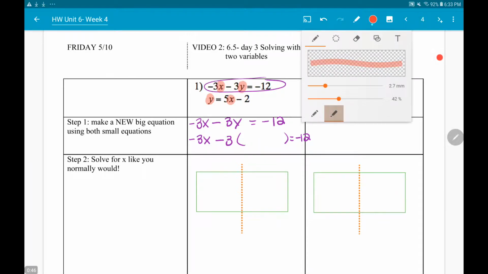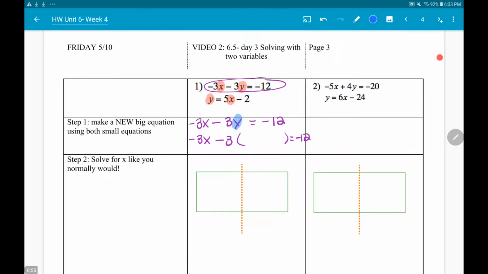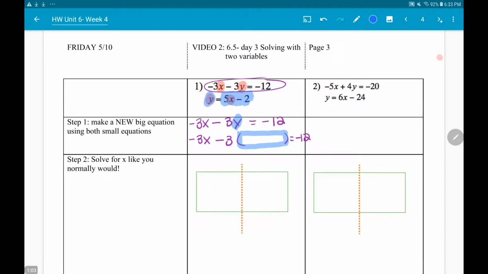Now, instead of this y, I changed it to a parenthesis because I'm going to put in my second equation, because this was equal to y. So that means I can replace or substitute the 5x minus 2 here. So that way I have a new equation, and my new equation just has x's in it.